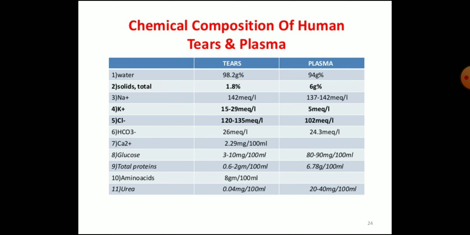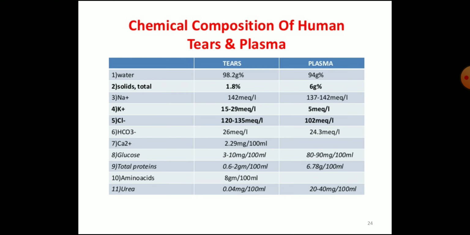Glucose 9 to 10 milligrams per 100 ml in tears, 80 to 90 milligrams per 100 ml in plasma. Total protein 0.6 to 2 grams per 100 ml in tears, 6 to 8 grams per 100 ml in plasma.